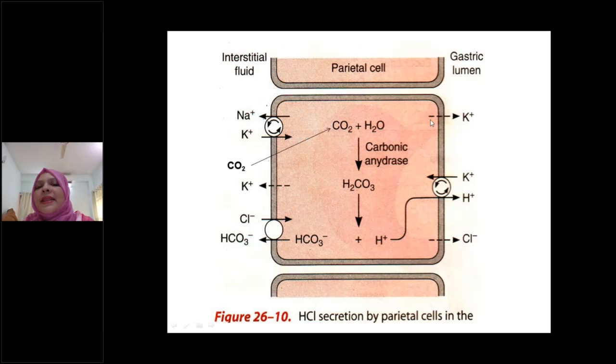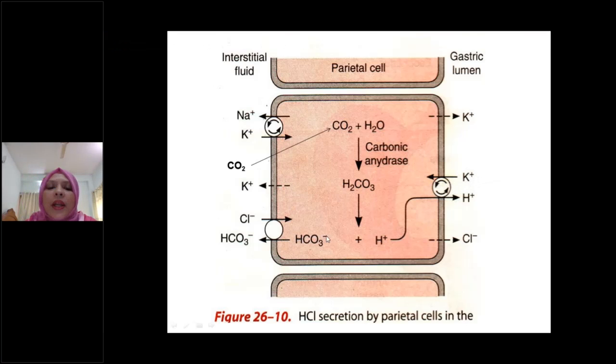Okay, this potassium is excreted from the cell into the gastric lumen through the potassium channel. Okay, this potassium again enters from gastric lumen into the parietal cell through the hydrogen potassium ATPase pump.